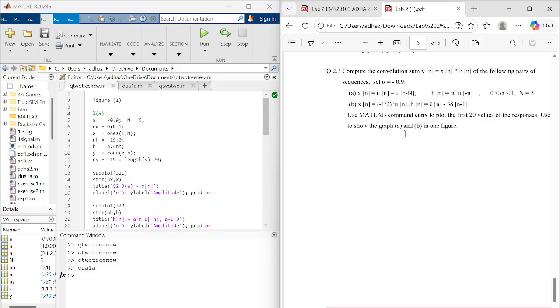For the first part, our input is a simple rectangular pulse. In MATLAB we represent this with a length of N equals 5, which is the length of the input pulse.